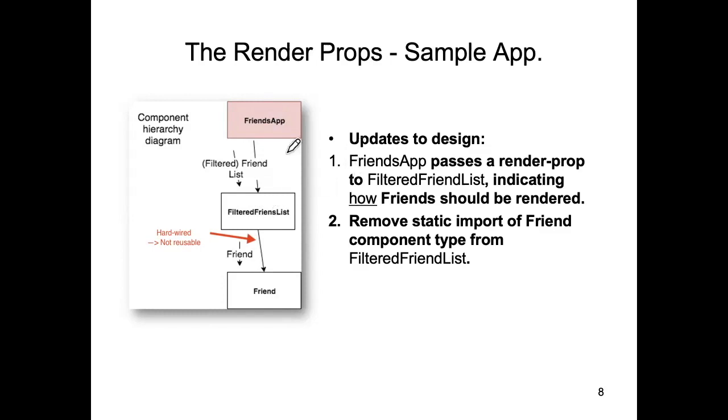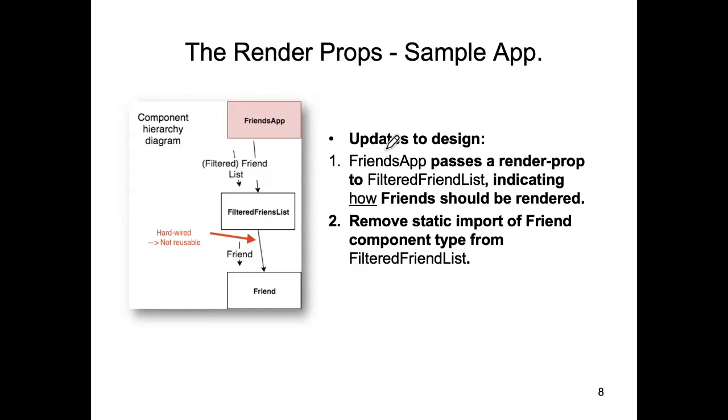So the change I'm going to make to this old design, I'm documenting over here. The friends app, which is the component at the top, is going to pass a render prop to the filtered friends list. And that render prop will indicate how friends should be displayed. The particular value of that prop can change, maybe based on some interaction from the user.